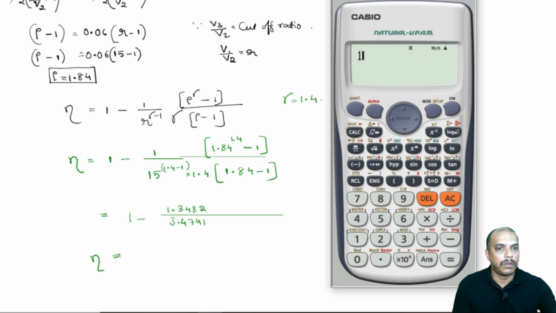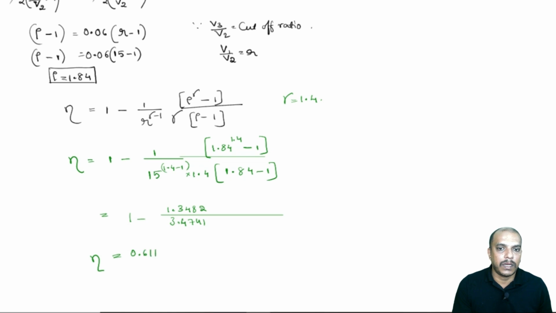So, 1 minus 1.3482 divided by 3.4741. Of course, it has to be multiplied by 100. So, that will be 0.6119, and multiplying by 100, we get 61.19%. Okay. Thank you.